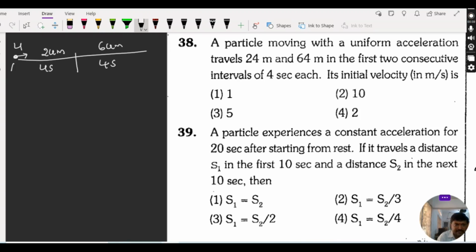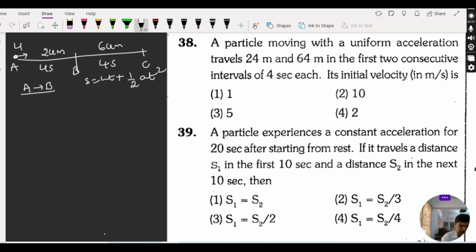So my dear children, this point is considered as A, this point as B, and this point as C. Here from A to B, time taken is 4 seconds and distance travelled is 24 meter. We know very well s equal to ut plus half at square.